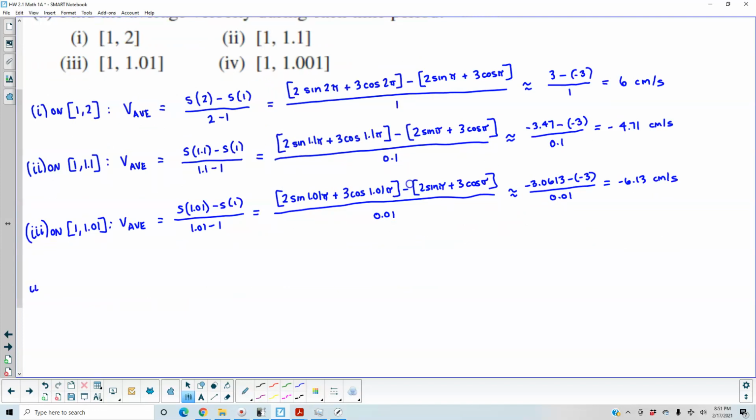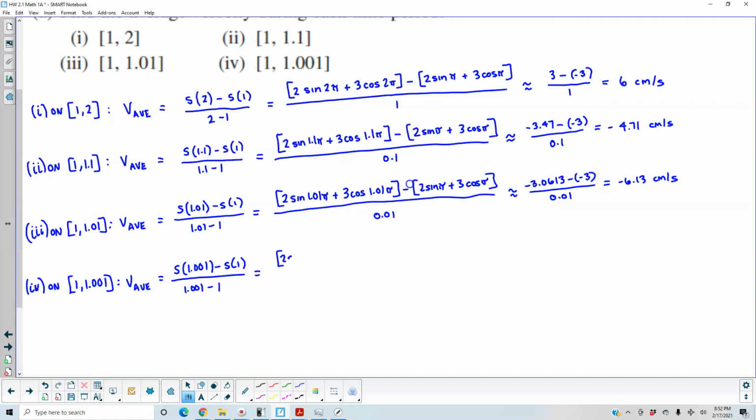And then number 4, and that's on the interval from 1 to 1.001. Again, we want to find the average velocity. So this is s of 1.001 minus s of 1 over 1.001 minus 1.